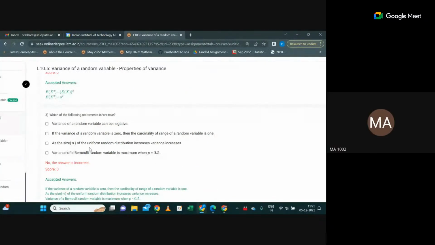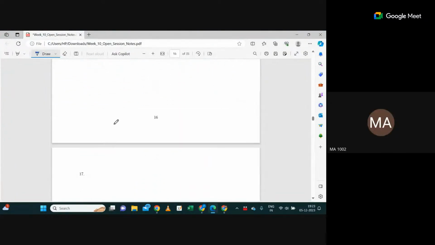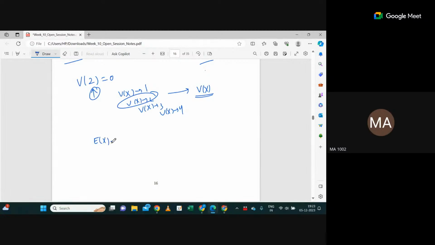What about number 3? As n of the discrete uniform random variable increases, variance decreases, right? Yes or no? Why? What is the expectation of a discrete uniform? It was (n plus 1) by 2, right?